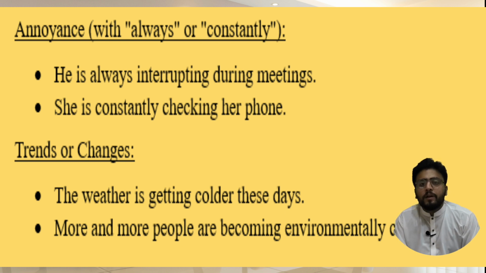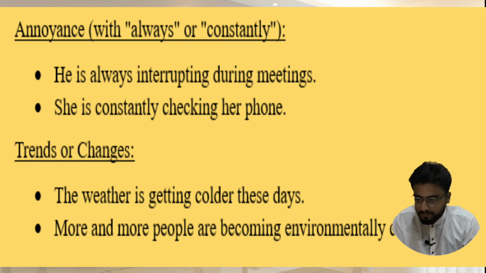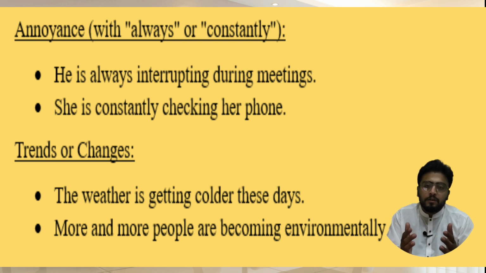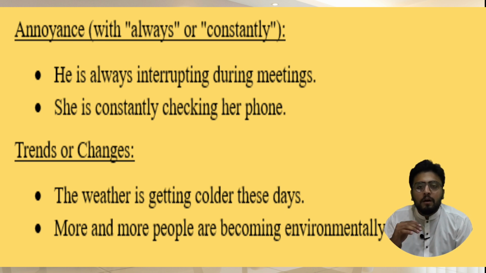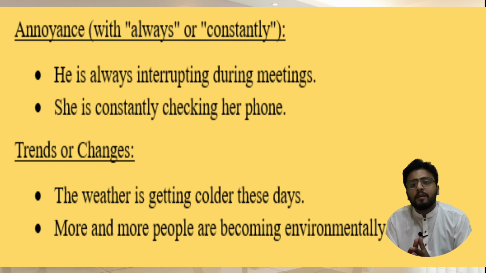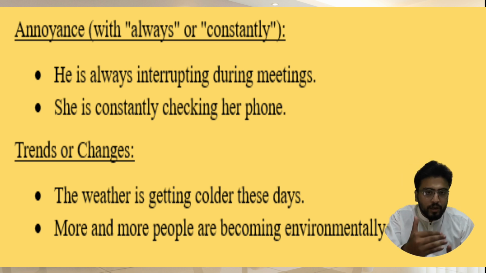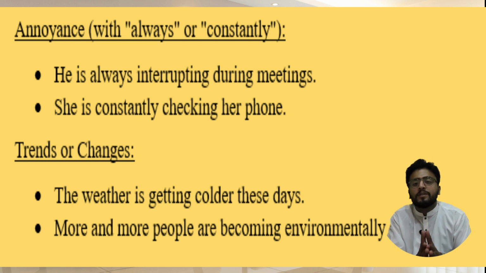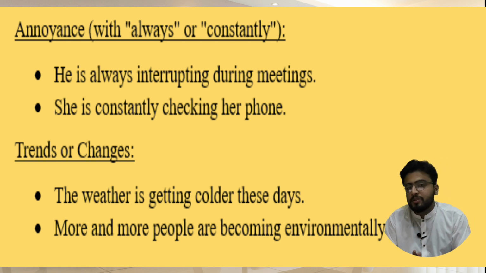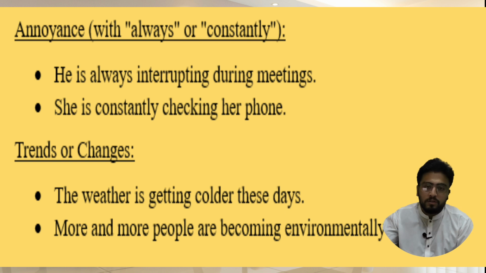Highlighting the next usage of present continuous tense, we have the heading of trends or changes. Present continuous tense shows how a new trend is progressing or how a new trend is becoming limelight these days, and how a thing is changing, how some work is progressing, or how a situation is changing from good to the best, or from bad to the worst.